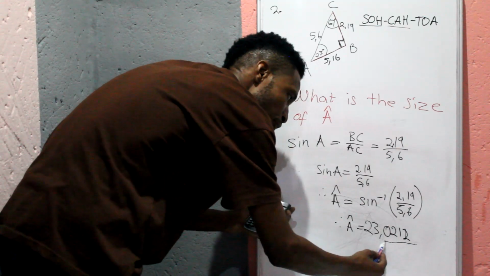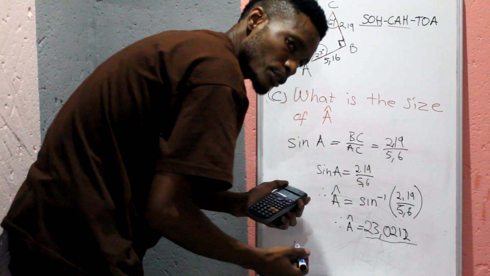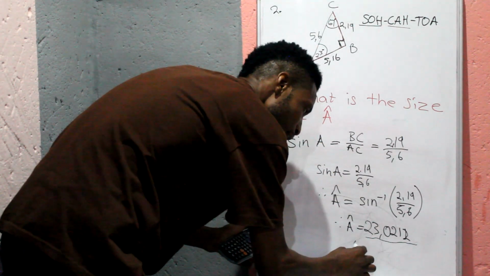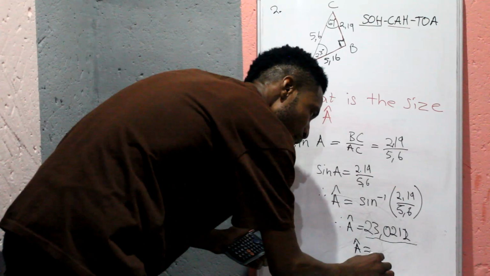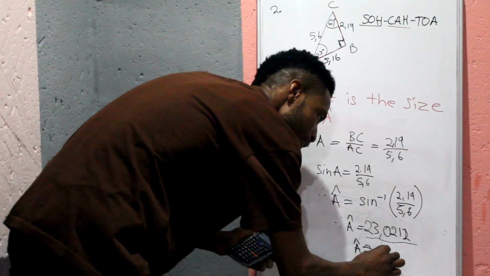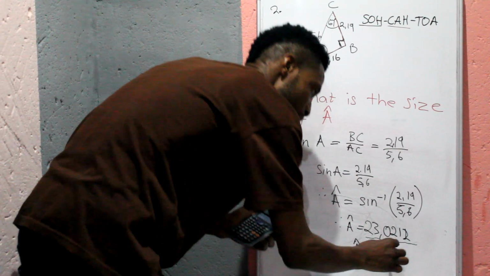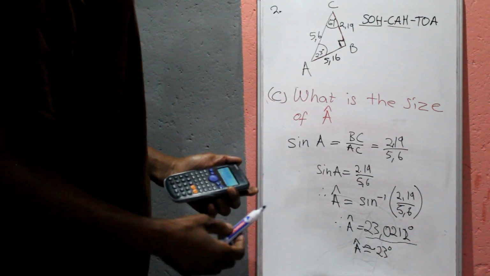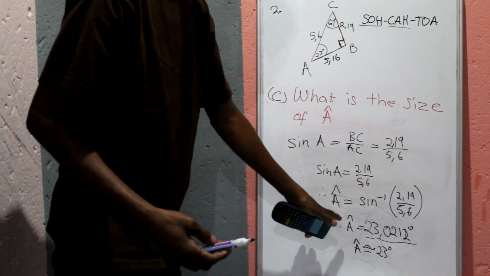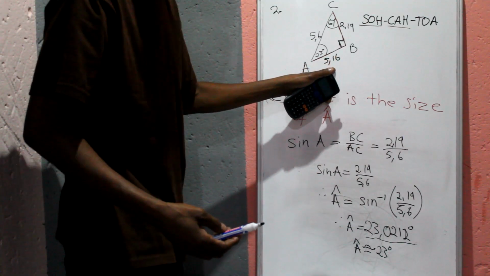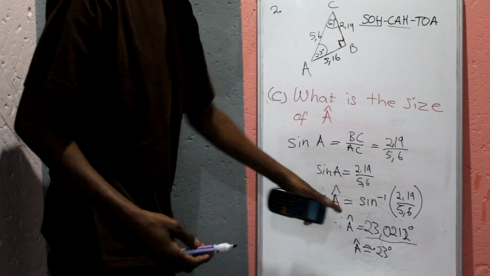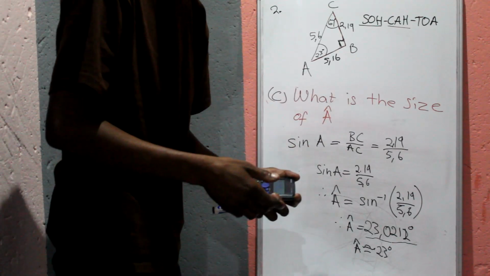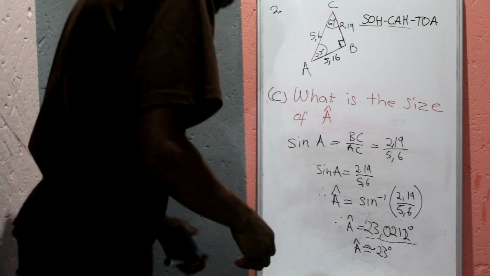So the percentage of error caused by the rounded off figure doesn't actually give us the accuracy in terms of it being exactly 23 degrees. So that's what I've been trying to explain to you in terms of using the rounded off figures to get the angle. Obviously there's a certain percentage of error that comes with the rounding of your figures.